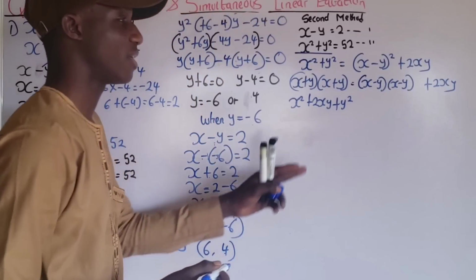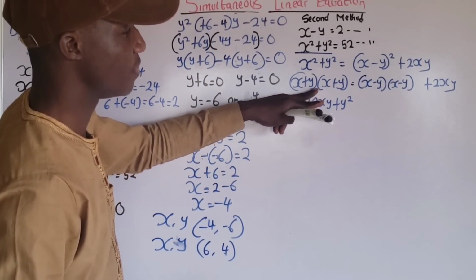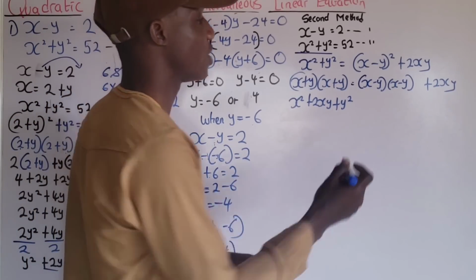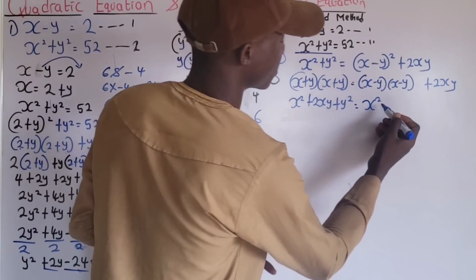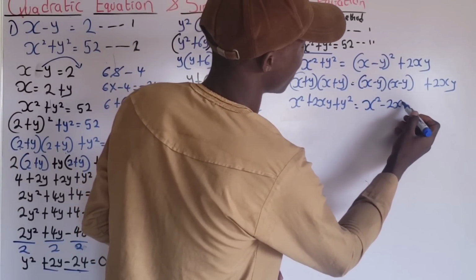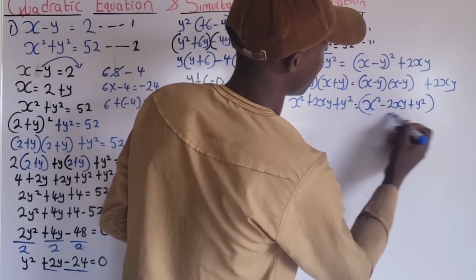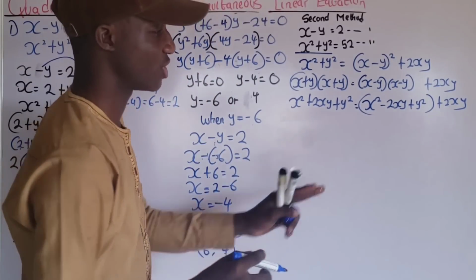That would be the expansion of this. You understand? For the right hand side, we're going to have x squared minus 2xy plus y squared, plus 2xy.